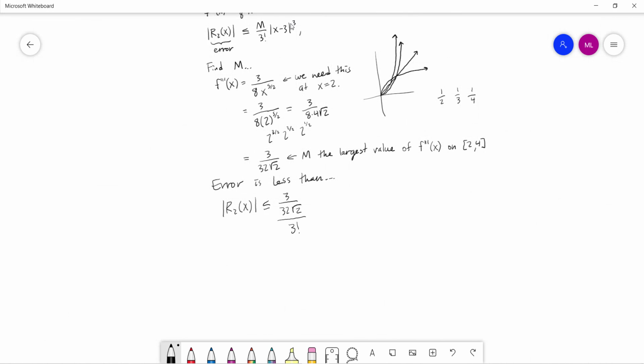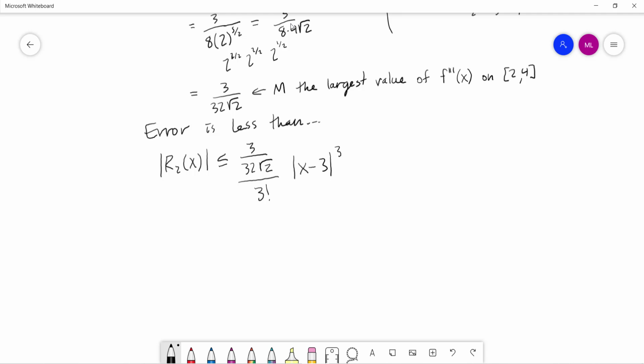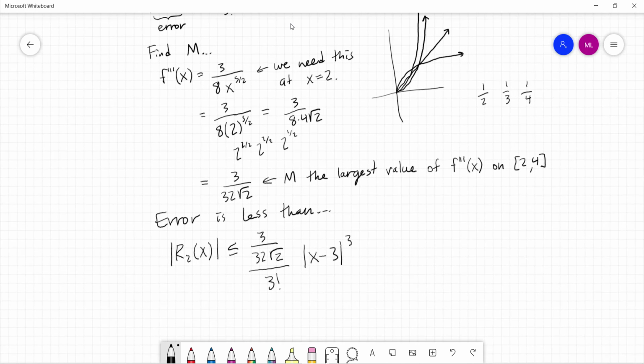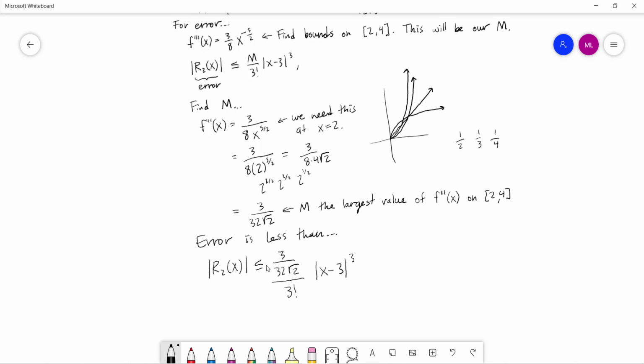Over 3 factorial times x minus 3 cubed in this case. So here's our bound for basically the error at a given value of x. And so for us, that value of x is stuck between 2 and 4. And we can basically figure out the absolute maximum value here.